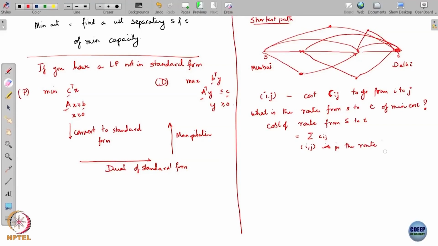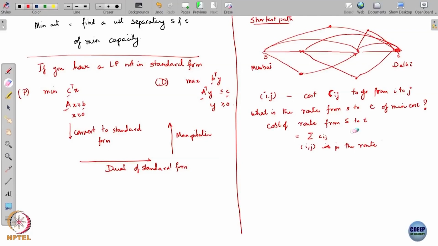Whenever i comma j is an edge that you use in the route, it costs you C i j, and the cost of the entire route is the sum of all these C i j's where i comma j lies in the route. This is the cost of traveling from i to j.